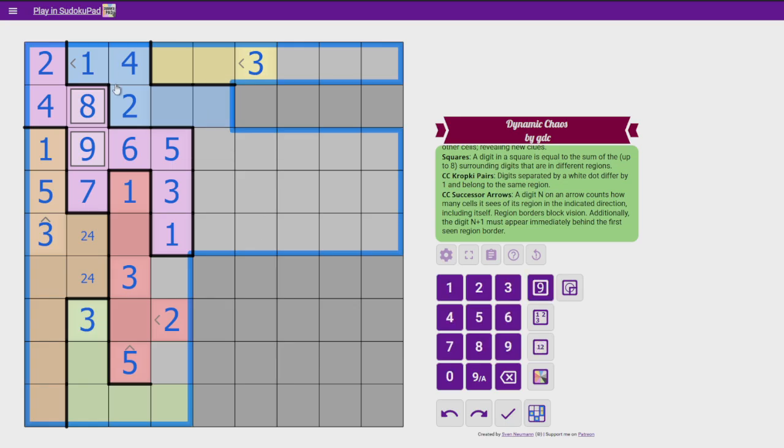Plus that cell, because the blue already has one. It's going to be a little difficult for yellow to get a 1 now. It's either going to be somewhere down here, or it's going to be in this row. That's probably where it'll be. But I can't be sure of that yet.